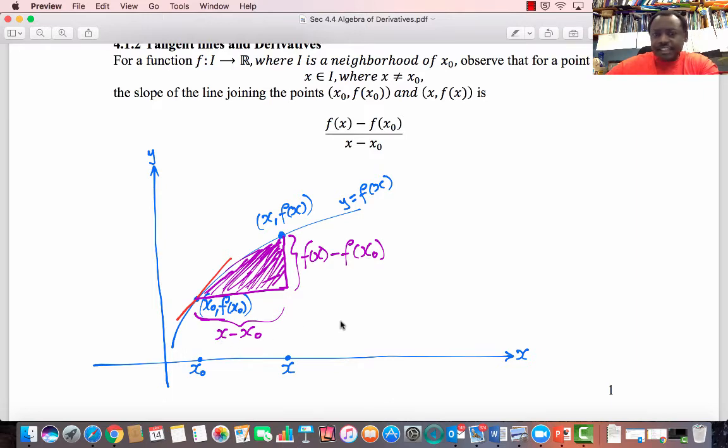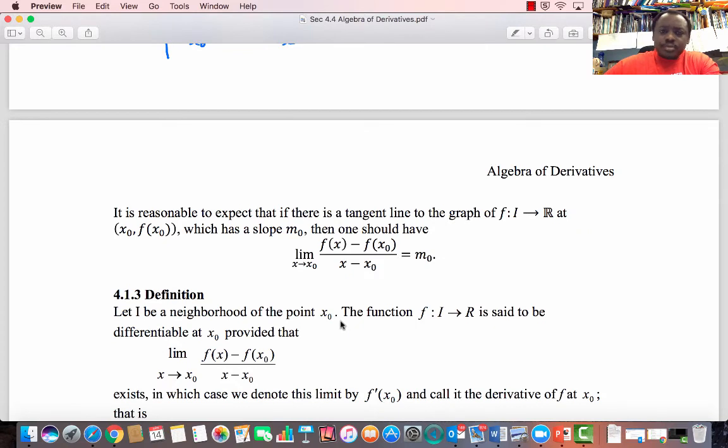It is reasonable to expect that if there is a tangent line to the graph of f from I to R at the point (x0, f of x0), which has a slope m0, then one should have the limit as x approaches x0 of f of x minus f of x0 divided by x minus x0 equals m0.